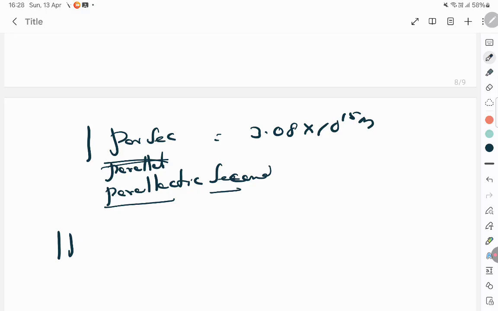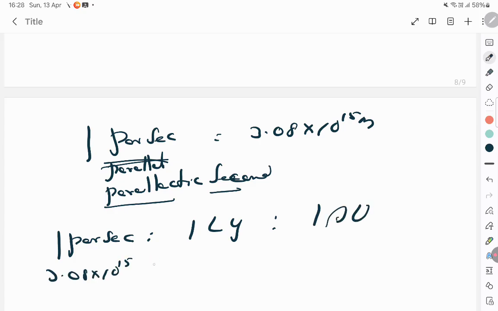Okay, so now compare 1 parsec, 1 light year and 1 astronomical unit. This is the biggest unit, parsec, 3.08 into 10 to the power 15. 1 light year is 9.467 into 10 to the power 15. And 1 astronomical unit is, this is 3.08 into 10 to the power 16.